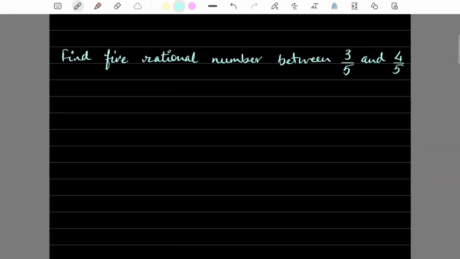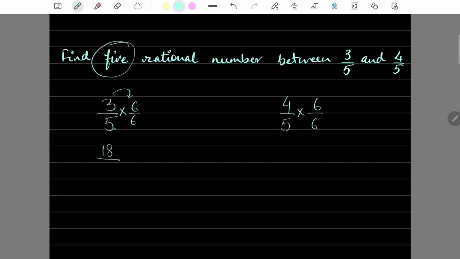Next one. Find 5 rational numbers between 3 over 5 and 4 over 5. That's an interesting one. I need 5 rational numbers, so I'll take a number greater than that. I'm multiplying by 6 over 6. Same strategy, we're doing that again. So 3 times 6 is 18 over 30, and here 4 times 6 is 24 over 30.